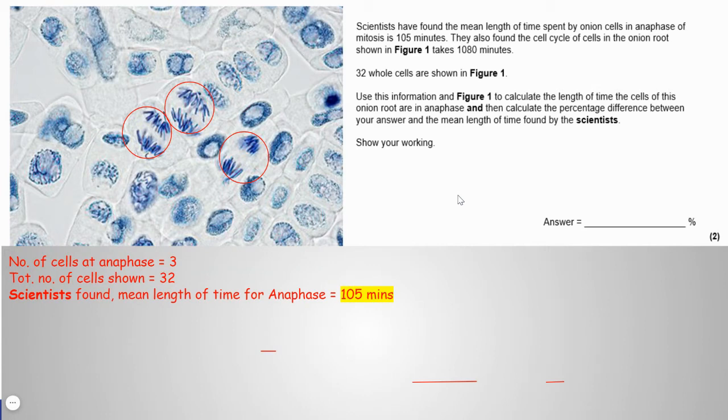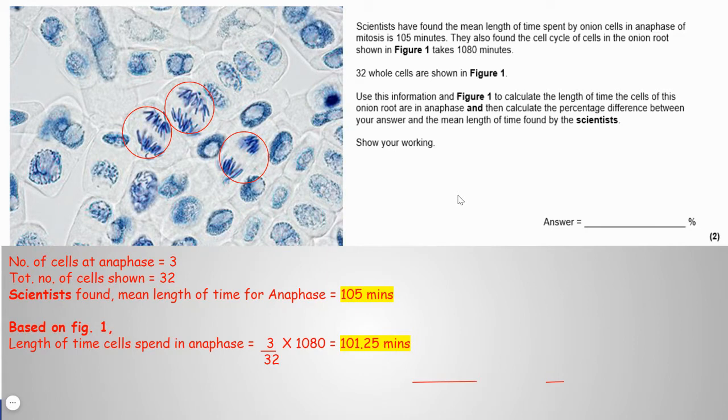Scientists found that onion root tip cells take about 105 minutes for their anaphase stage to complete. Now we are going to calculate how much time onion cells spend in anaphase stage based on figure 1. So that will be 3 by 32, that is number of cells at anaphase divided by total cells, times how much time they spend in the whole cell cycle, that is 1080.